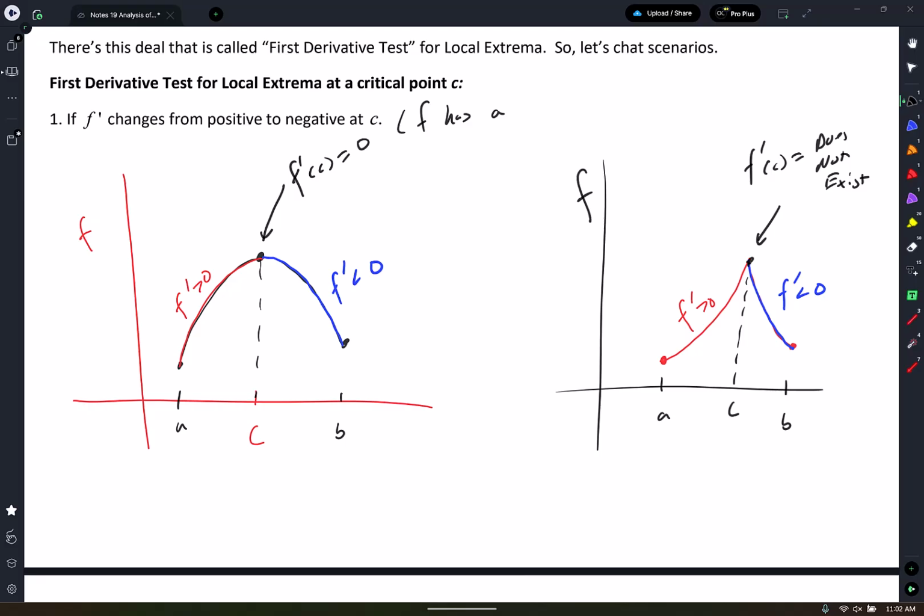No, don't worry about absolute. f just has a max. Write that down. f has a max. If f prime changes from positive to negative at x equals c, or at c, f has a max. And look, there it is. Those are my visuals. Cool or not cool? Cool.